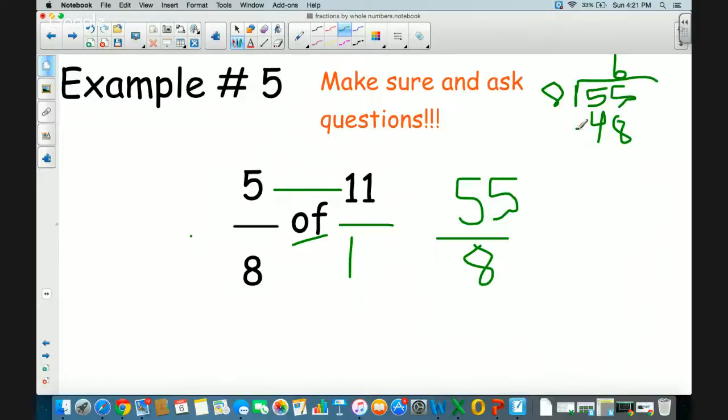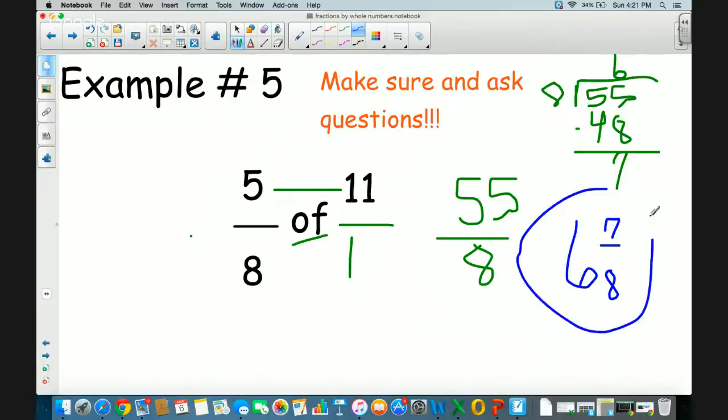Subtract, equals 7. Anything to bring down? No. So my answer here, my mixed number, is actually 6 and 7 over 8. Will not simplify, okay? Will not simplify.